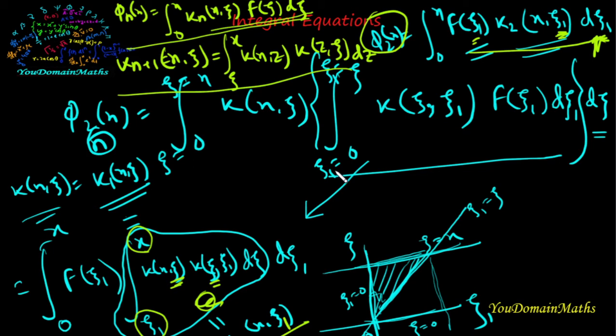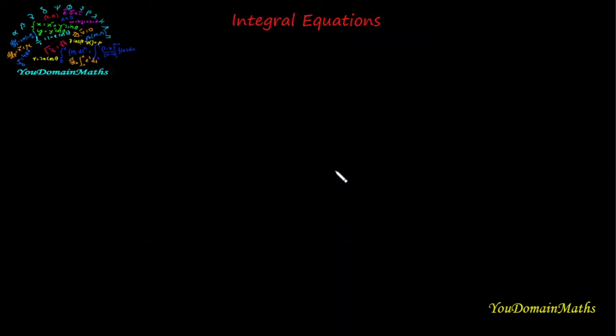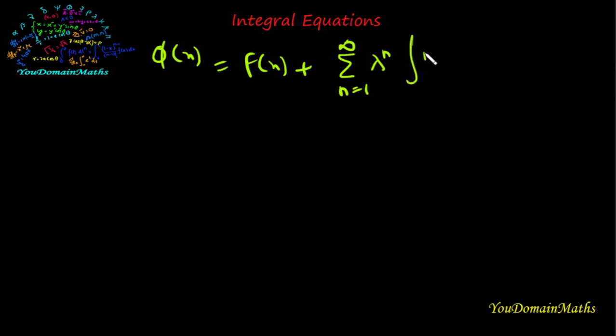So what do we find? φ(x) equals f(x) plus, putting the nth terms and using the summation from n = 1 to infinity, λ^n times the integral of Kn(x, ξ) f(ξ) dξ from 0 to x.